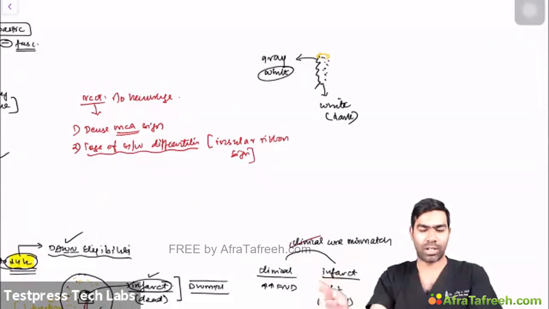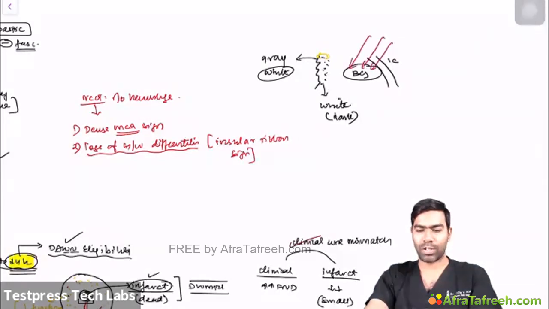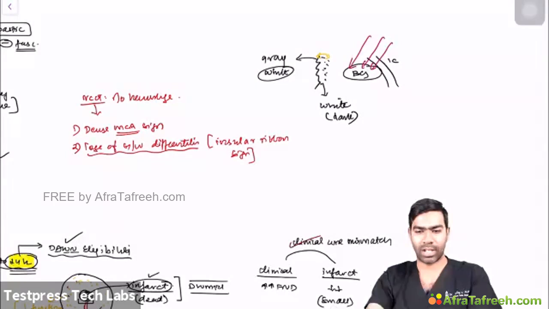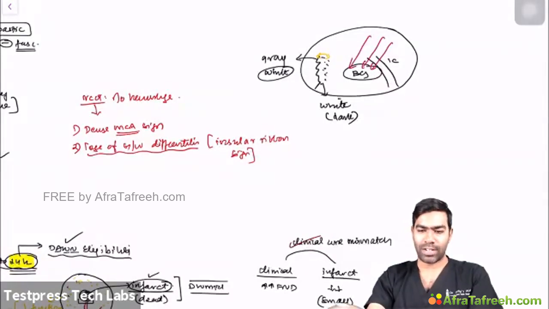Near the insula, within it, you will have the basal ganglia structures and the internal capsule. This is the commonest area affected by stroke because it is supplied by the MCA territory. In many MCA territory strokes, that is a very common area to be affected. Whenever a stroke happens in that area, this gray-white differentiation will be lost.